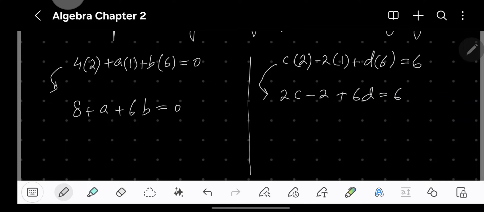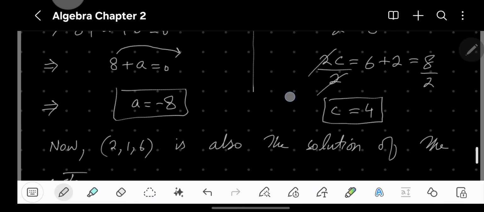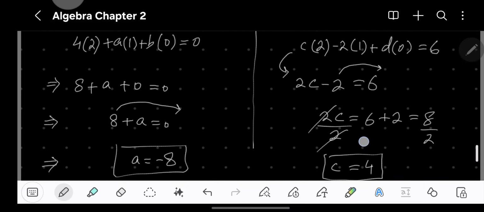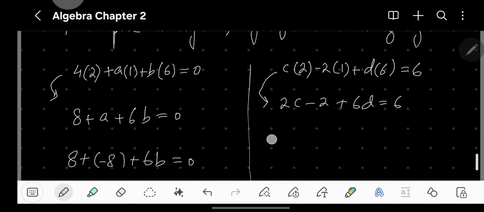Since we have the value of a and the value of c, the value of a is -8, the value of c is 4. So I will write 8 minus 8 plus 6b is 0, and the value of c is 4, I have already found.